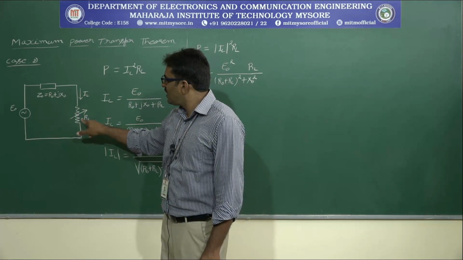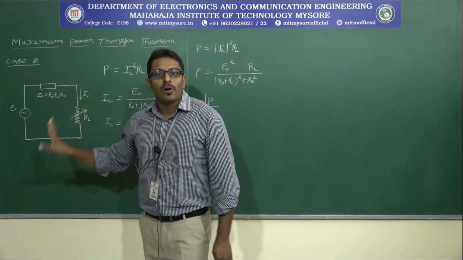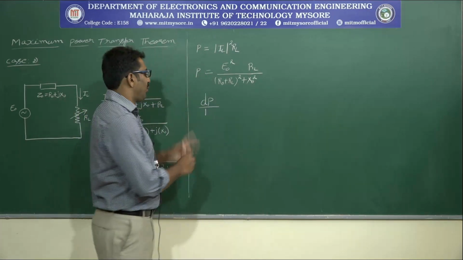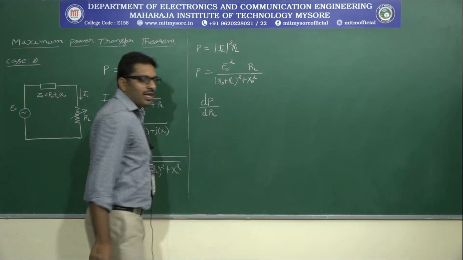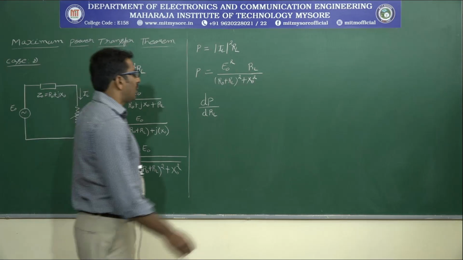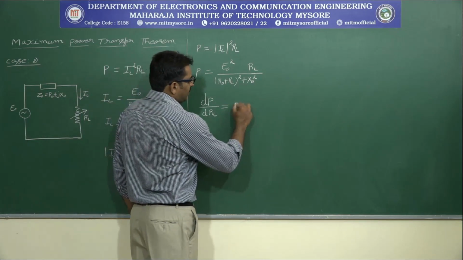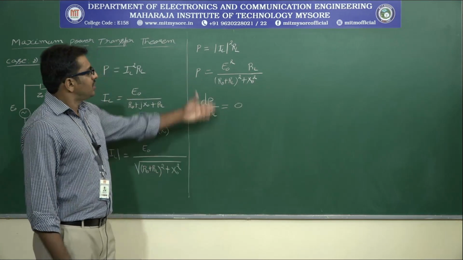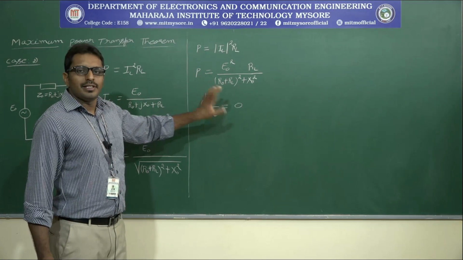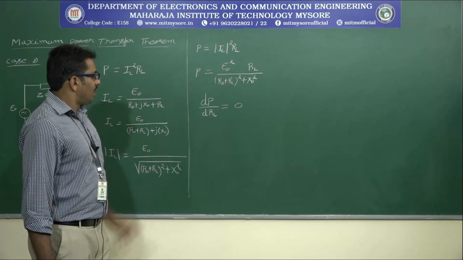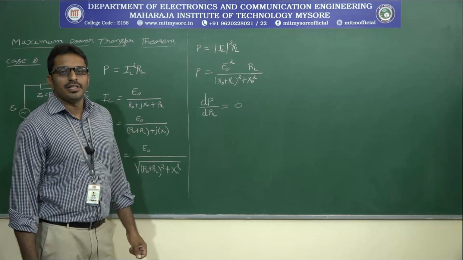That's why it is represented as variable load resistance RL. So differentiate power with respect to the variable load resistance RL and equate that to 0.